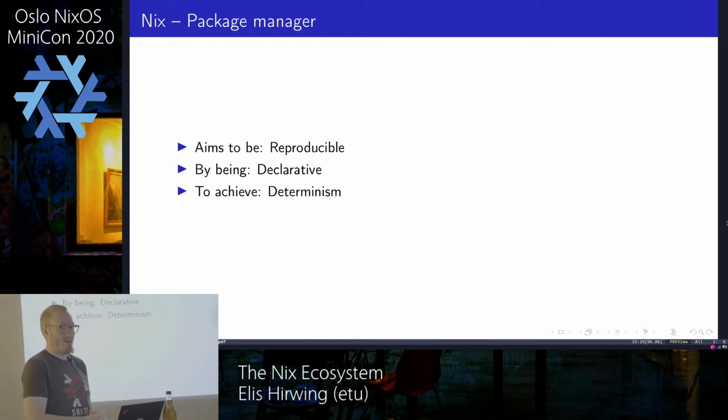And that way we come closer to being reproducible. And the ultimate end goal, of course, is to achieve determinism. So we actually know exactly which binary we will get when we do whatever we do, which might be very different from use case to use case.